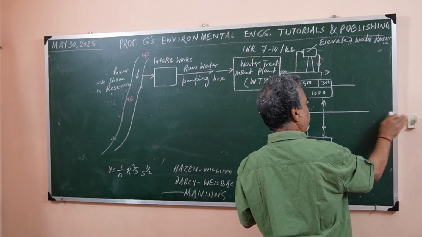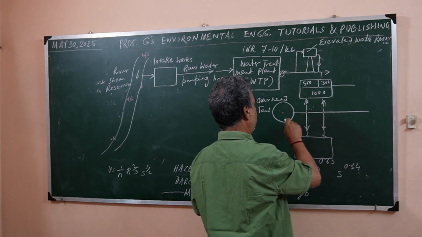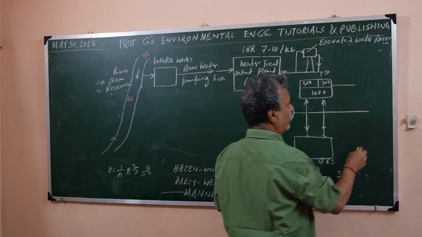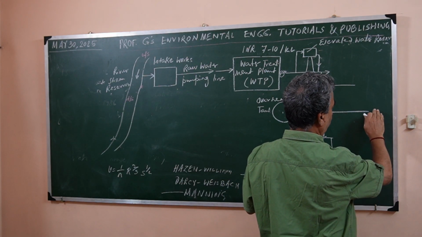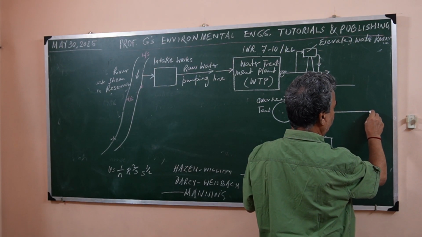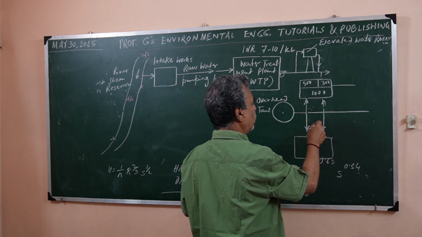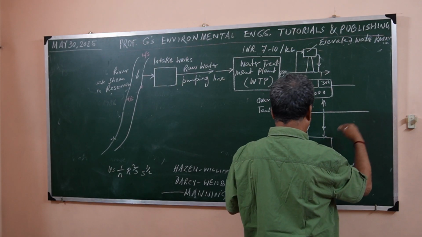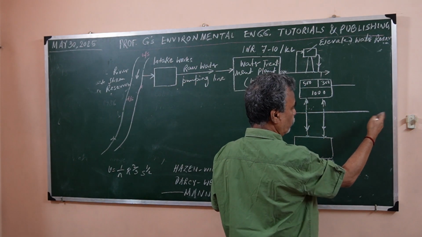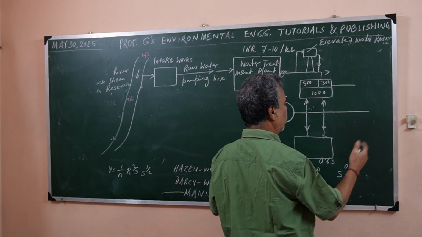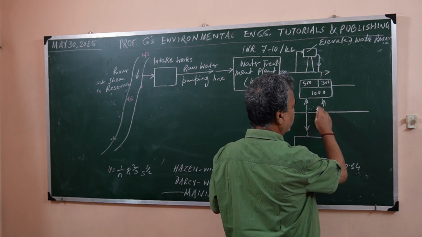Similarly, as it proceeds away from the overhead tank, the head will diminish. That is to be kept in mind, that residual head for different kinds of buildings, stories of buildings also, must be maintained. So this is the design.